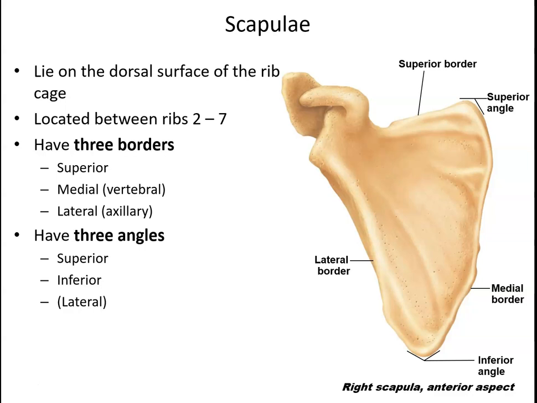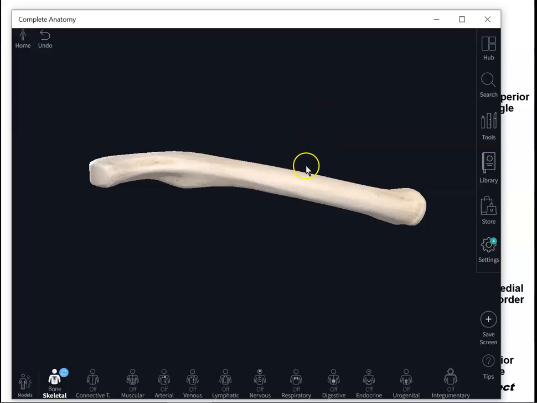At first, it's hard to tell what you're looking at, but this is another bone that once you get to know it, you'll just instantly know it. What it has is this big wing shape that is flat, and then it has this area, the glenoid cavity, and then these two processes, the coracoid process and the acromion process.